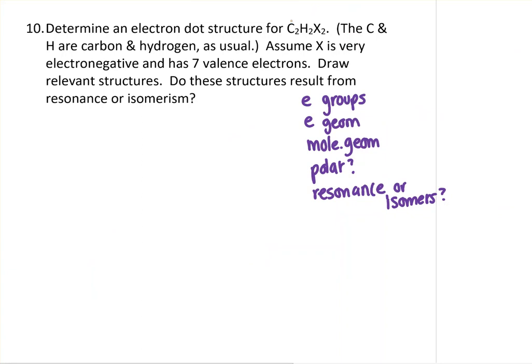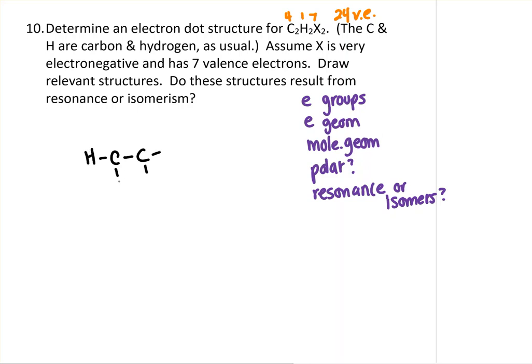On this one, I have 2 times 4 plus 2 plus 14. That's 24 valence electrons. When you have carbons, start by putting the carbons bonded to each other, and then whatever you have left, just distribute.